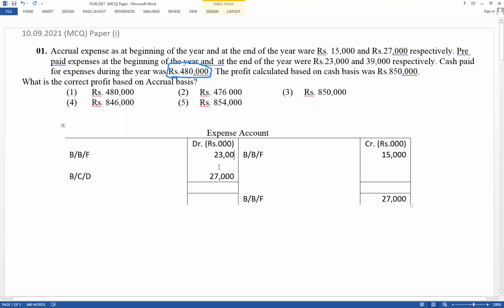Try to recognize the accrual basis and the cash basis. The closing prepaid expense balance is carried down from the credit side to the debit side. We are going to calculate expenses based on the accrual basis.